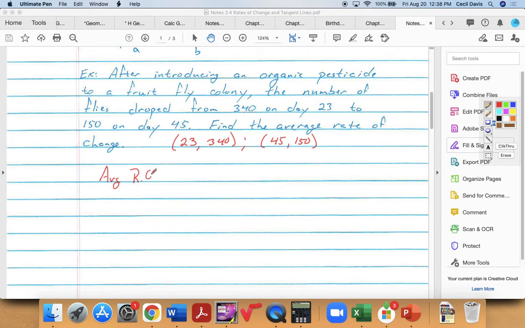So the average rate of change is going to be equal to 340 minus 150 over 23 minus 45. Let's see, that's going to be 190, I believe that's correct, and this is going to be a negative 22.